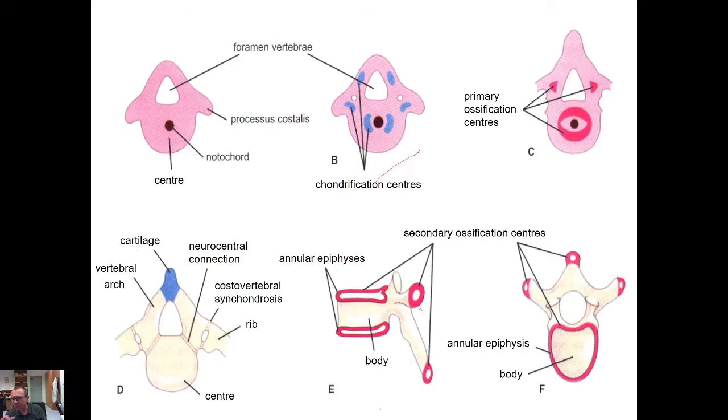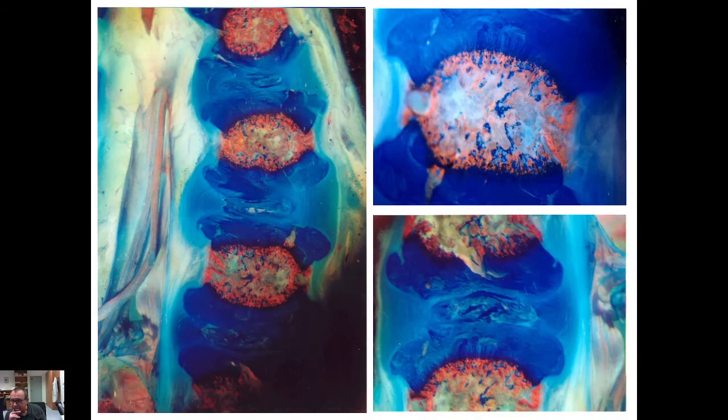Two left, two right. And here is the photograph, special staining. Blue is cartilage, so blue are intervertebral discs with nucleus pulposus in the center, and red is here developing bone tissue. So this is the future body of the vertebra, developed from two sources, cranial and caudal.